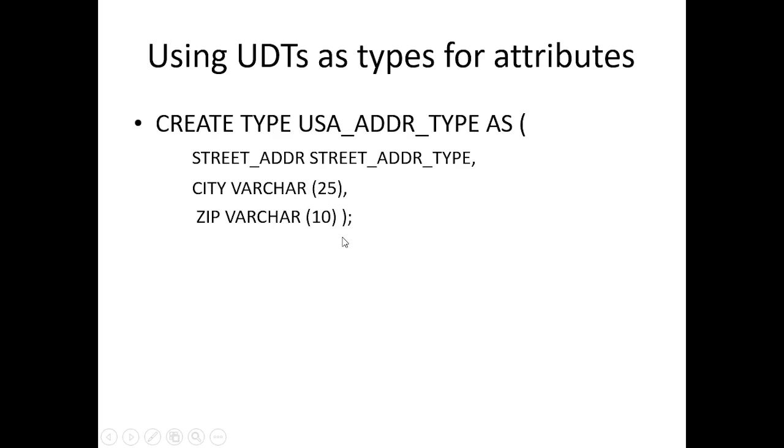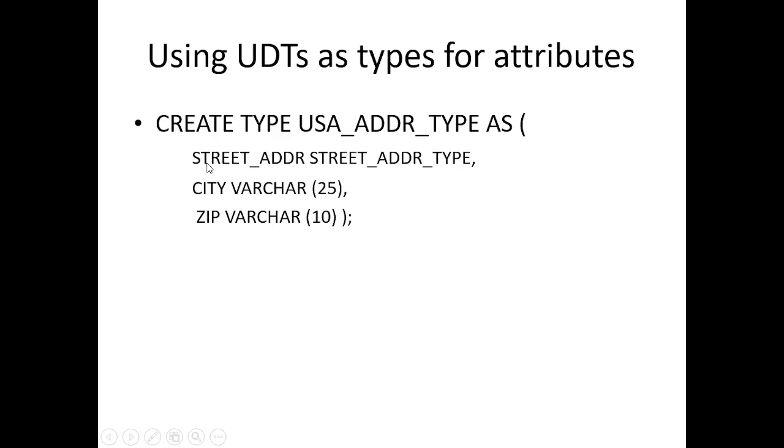So what happens here? We have this UDT, street_addr_type, and it is used as the type for this street_addr, which is an attribute.